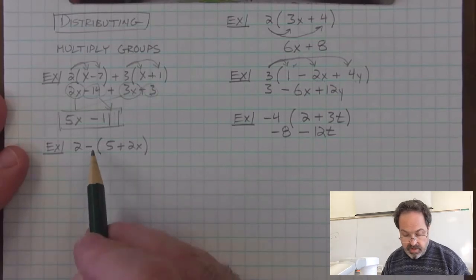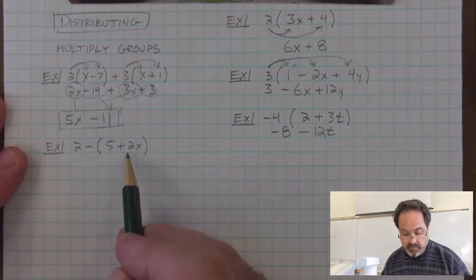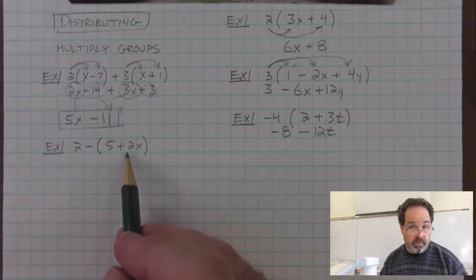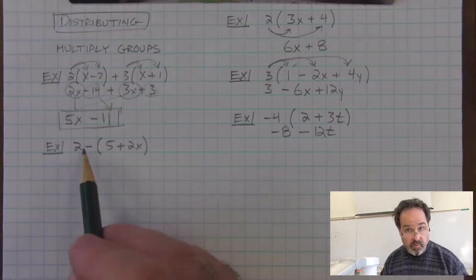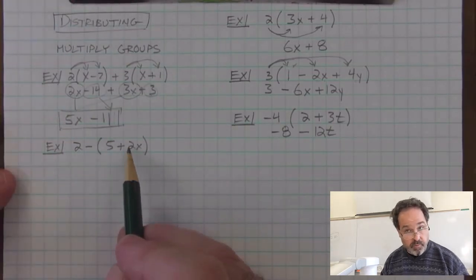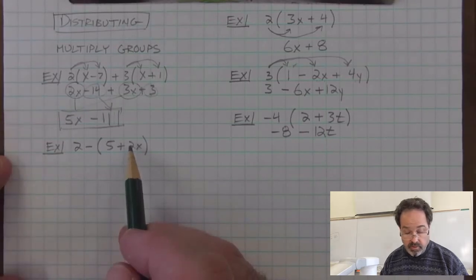We don't see a number out in front of the parentheses. It's 1. If we don't see it, we want to think of there being a negative 1 or a minus 1 in front of the parentheses that we need to distribute.